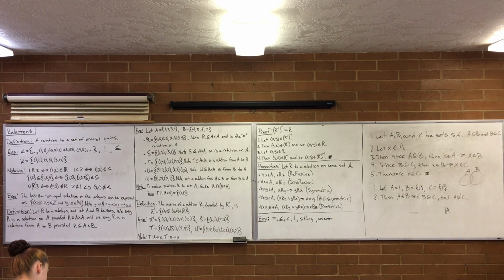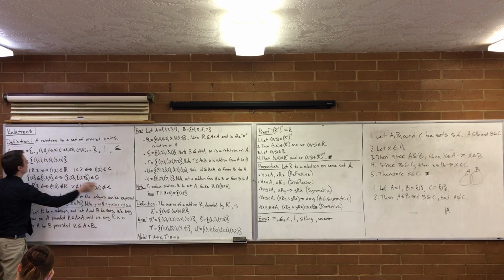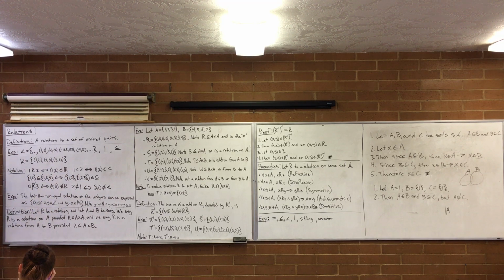If we want to specify that something is not a member of the relation, we do a line through it. 0 is not related to 3 using the R relation because 0, 3 is not in here. So that's logically equivalent to 0, 3 isn't in this set. 2 is not less than 1 is logically equivalent to 2, 1 is not in the less than relation. You with me?